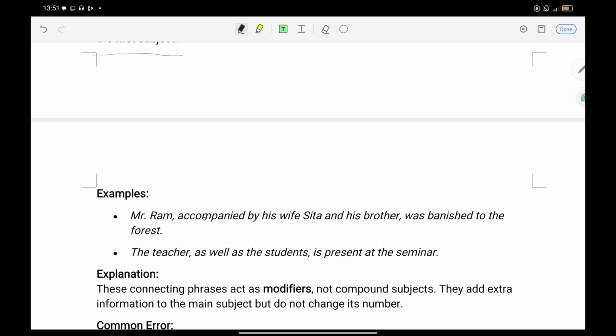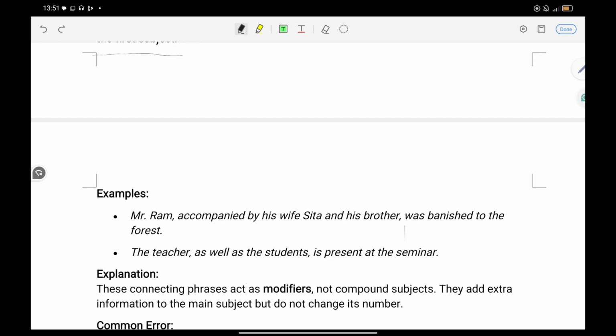Mr. Ram, accompanied by his wife, Sita, and his brother, was banished to the forest. Why is it was and not were, when we're referring to both Mr. Ram and his wife, or Mr. Ram, his wife, and his brother?